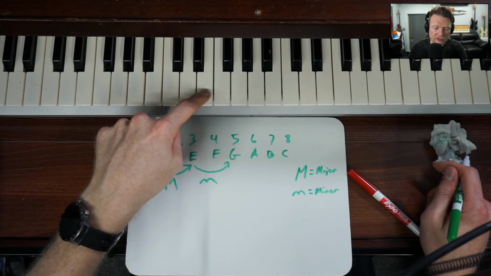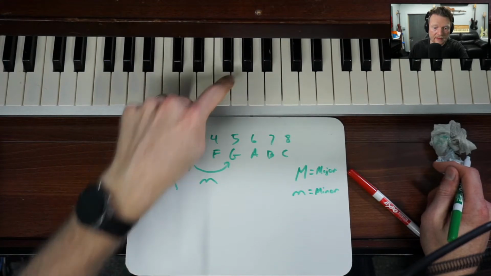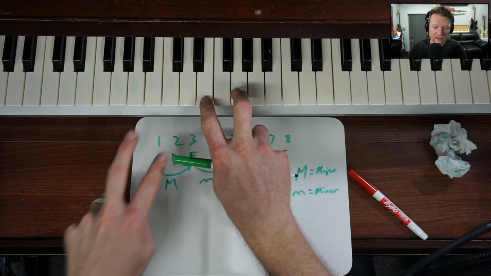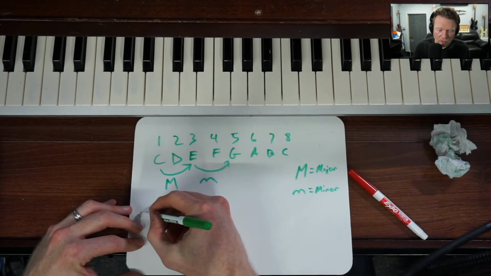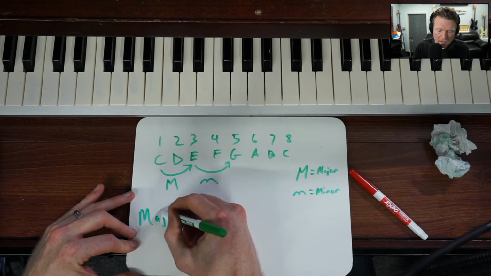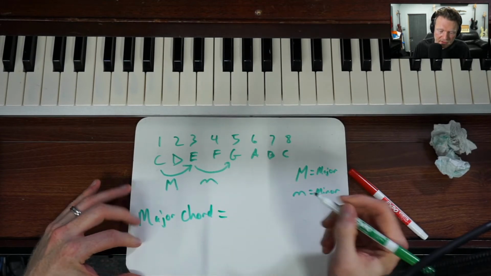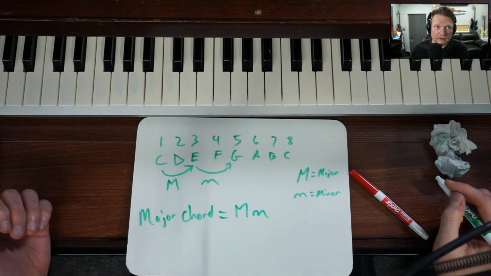So we count up a whole step, then a half step. Are you following that? So this is a major third, this is a minor third. So a major chord equals a major third and a minor third put together.